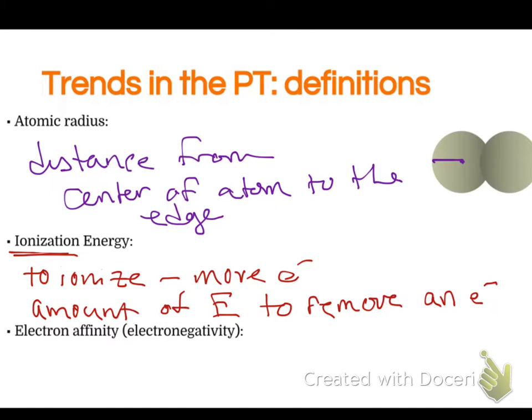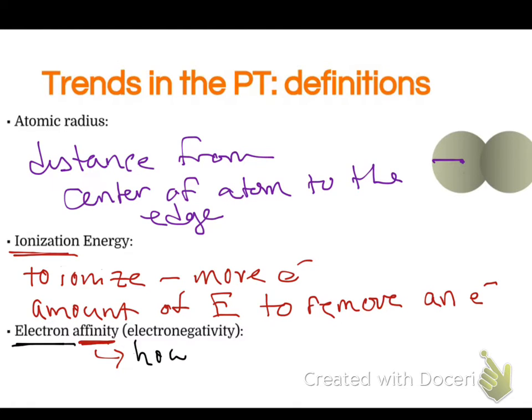Okay. Electron affinity, which affinity means how much you like something. So I have a strong affinity for chemistry, let's say. Some days. Today I do. So if I had a strong affinity for electrons, it means I really like electrons.